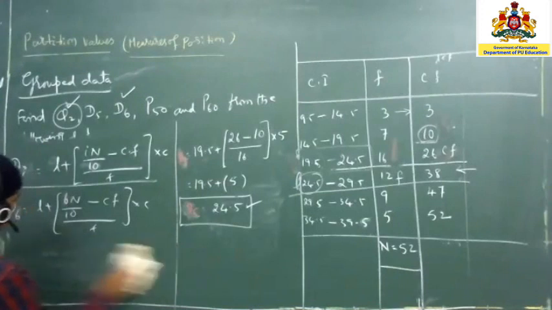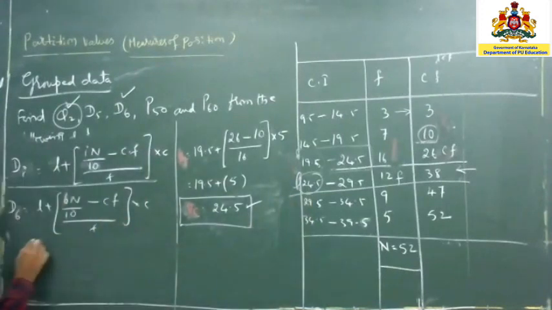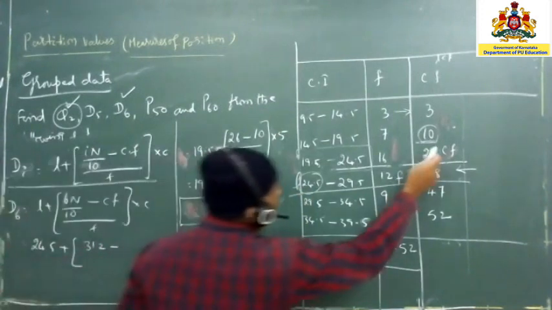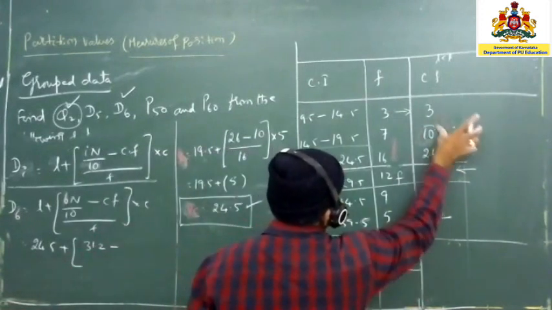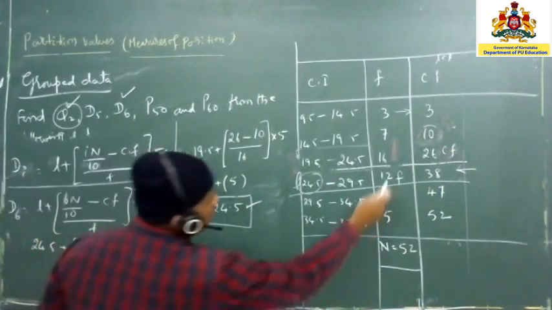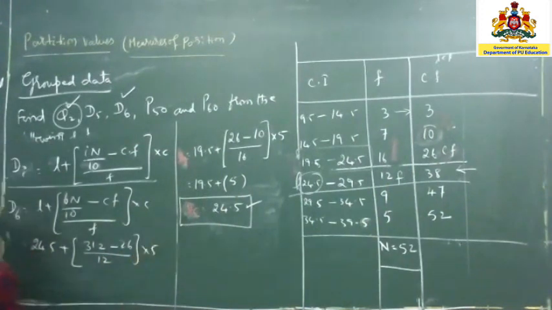How are we going to substitute? The L value is 24.5 plus 6N by 10, which is 31.2, minus CF. The CF is going to be 26, and the whole divided by the F value, which is 12, into the class interval, which is 5.